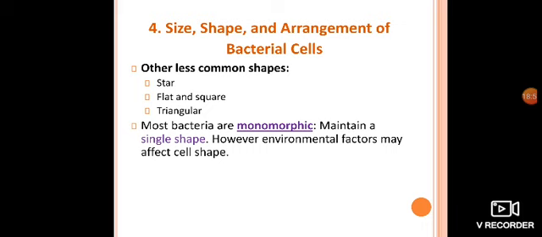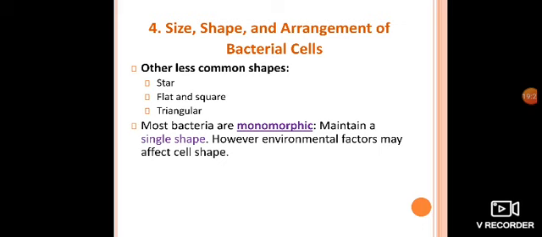That is a very important terminology. Monomorphic means they maintain a single shape; bacteria do not change their shape. They take one shape and it continues for all of their life. So they are termed monomorphic.